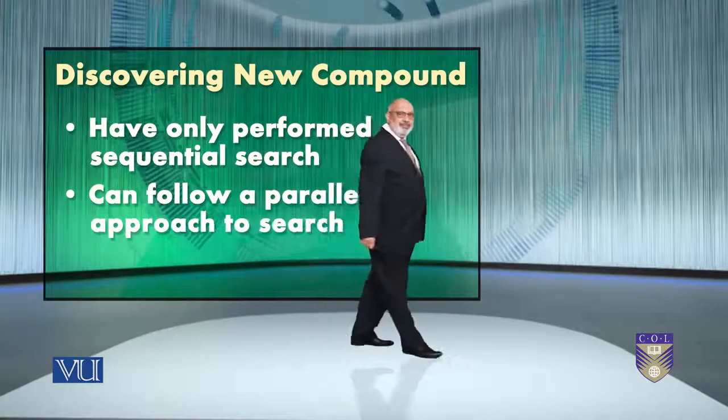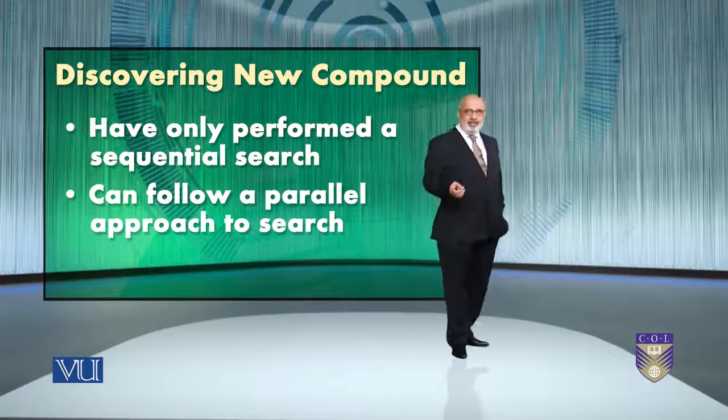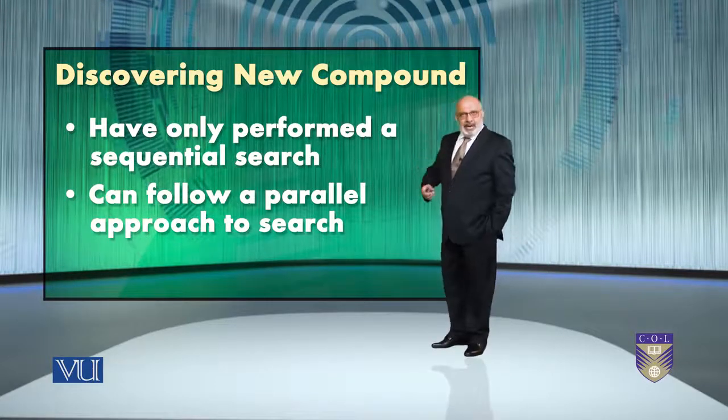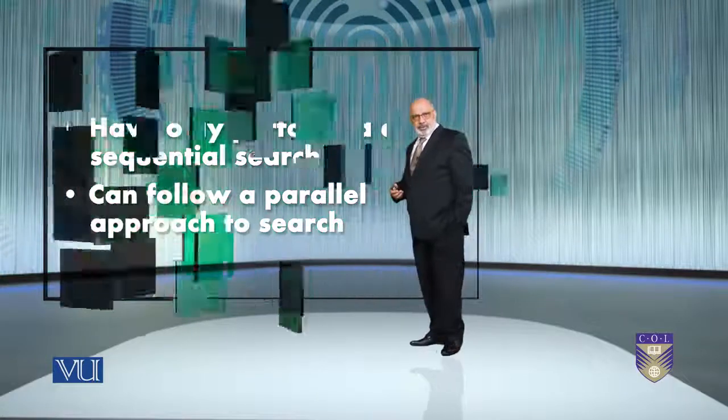Interestingly, we can follow a parallel search approach as well in order to speed up our search process. Now, how do we do this? What we do is we start from multiple locations or states, initial states, multiple ones in the solution space, and try out the search in parallel.